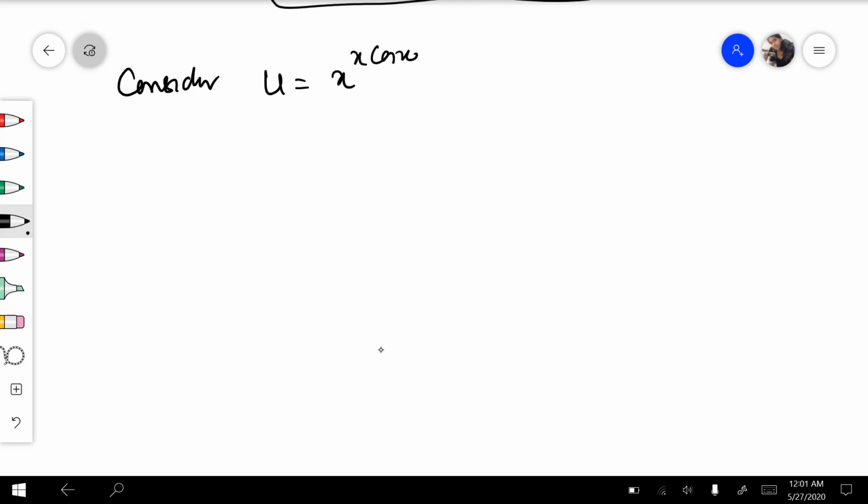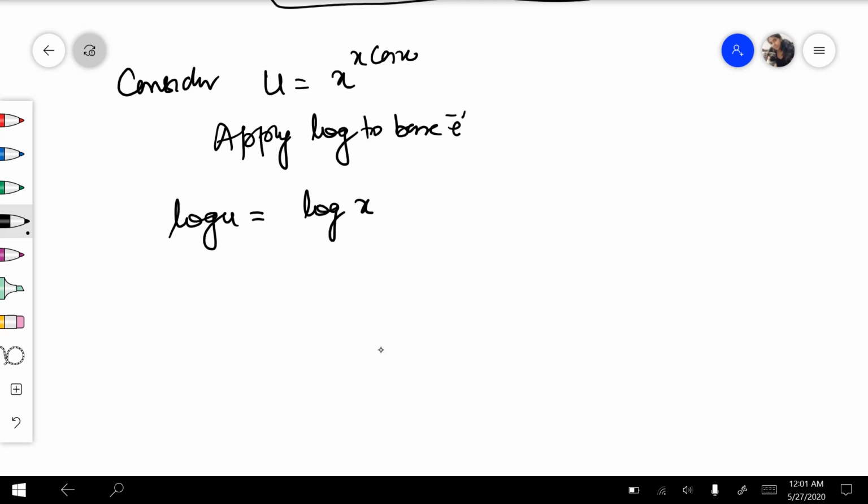So what do we do when a function is raised to power function? Apply log on both sides. So what do we have from that? log u is equal to log of x raised to power x cos of x. By properties of log, this becomes x into cos of x into log of x, equal to log u.